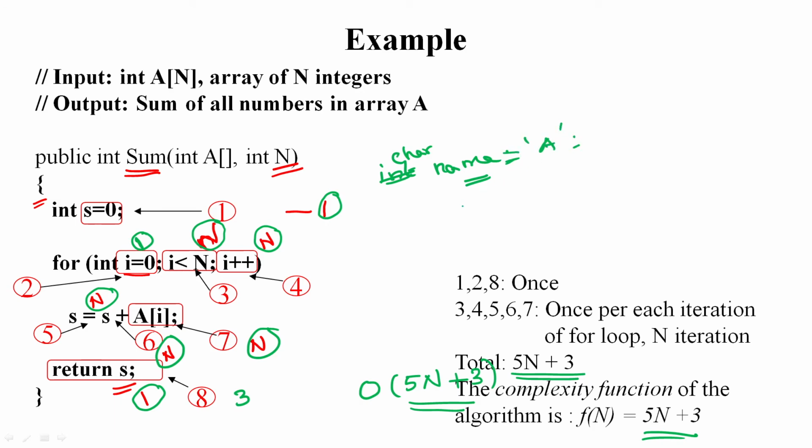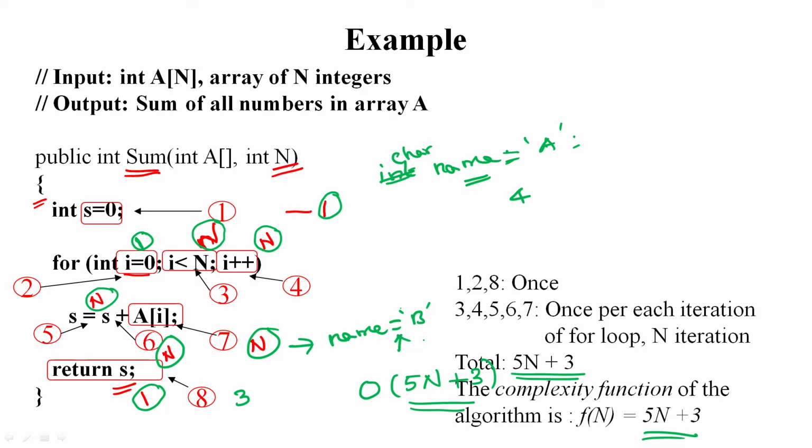So now the single-time execution statements are increasing, so 4 will come. And also here we have the 5 n's. Suppose you have a print, and here again we are assigning a value for the name B, which will also execute n times.